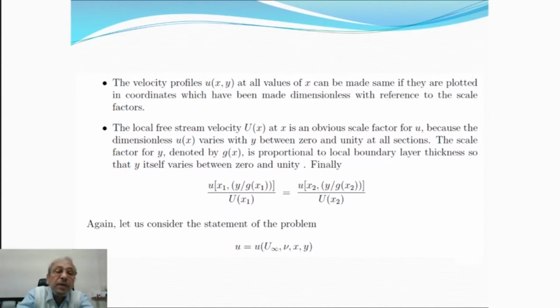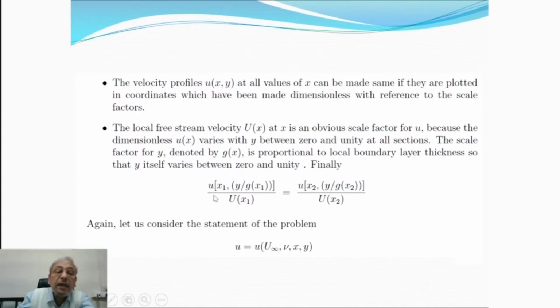And because the dimensionless u/U varies with y between 0 and unity at all locations, the scale factor for y can be called g, and this is proportional to the local boundary layer thickness, so that y/g itself varies between 0 and unity.